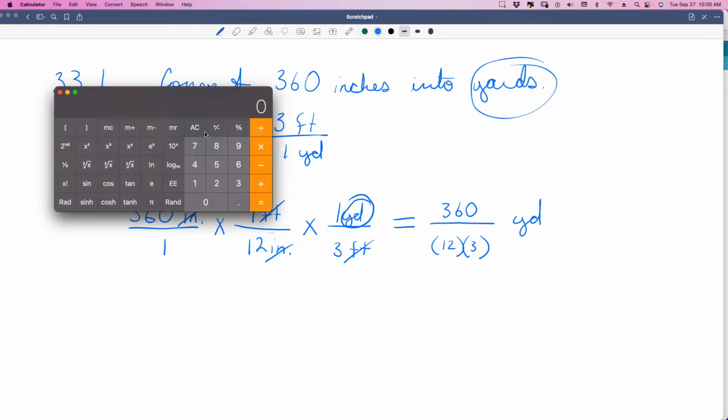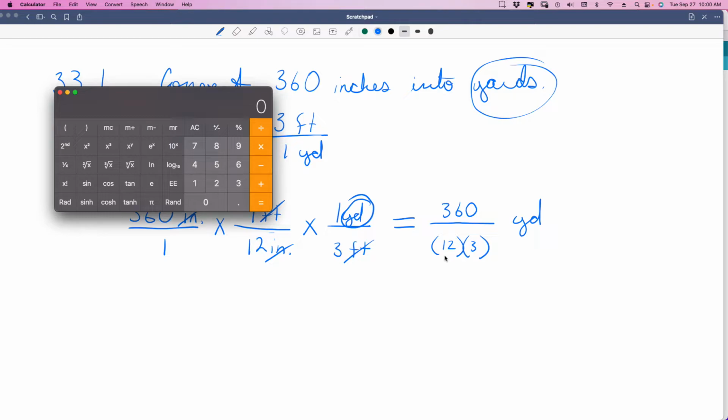When you have a result like this, you can see that 12 times 3 is 36. One of the things you can do is test your answer: if your answer is a whole number, then you may answer with that whole number.